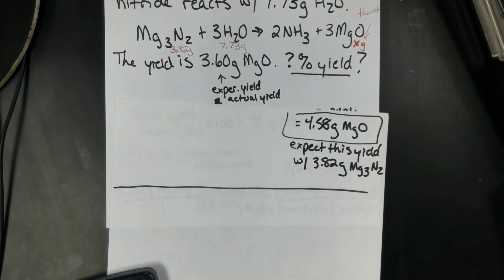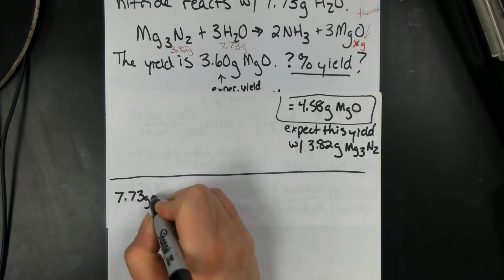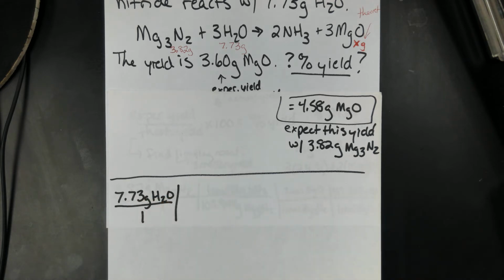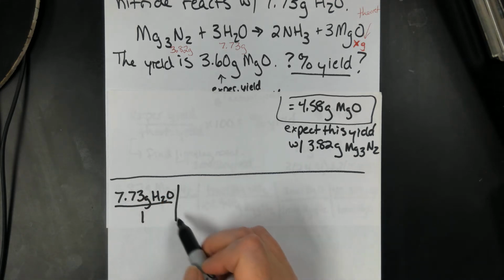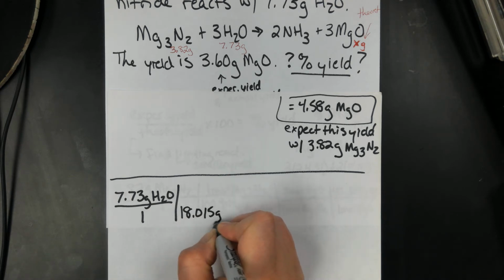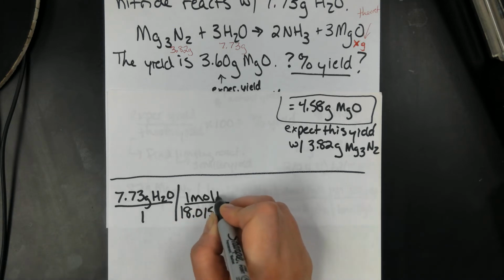So it's just like what we did earlier. You start with 7.73 grams of H2O, put it over 1, and then I turn grams to moles. So it's actually 18.015 grams of water for every 1 mole of water. How did I know that?